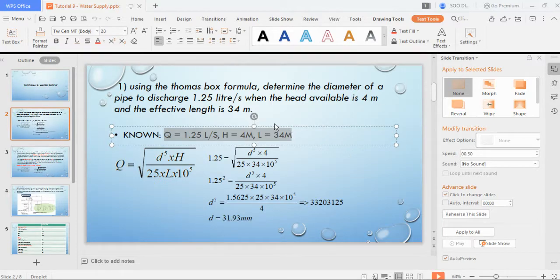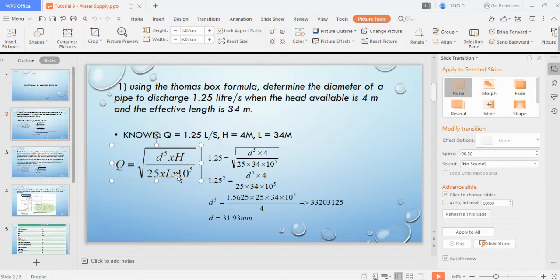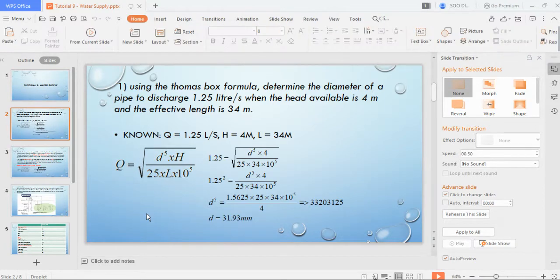With these factors and the Thomas Box formula, you substitute the Q, which is 1.25, and the D is unknown. You know your H is 4 meter, so you put the 4 here, and the L, which is 34.